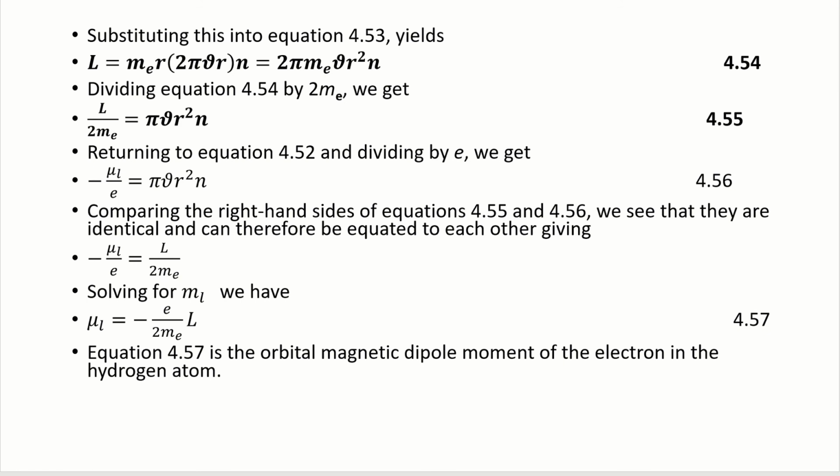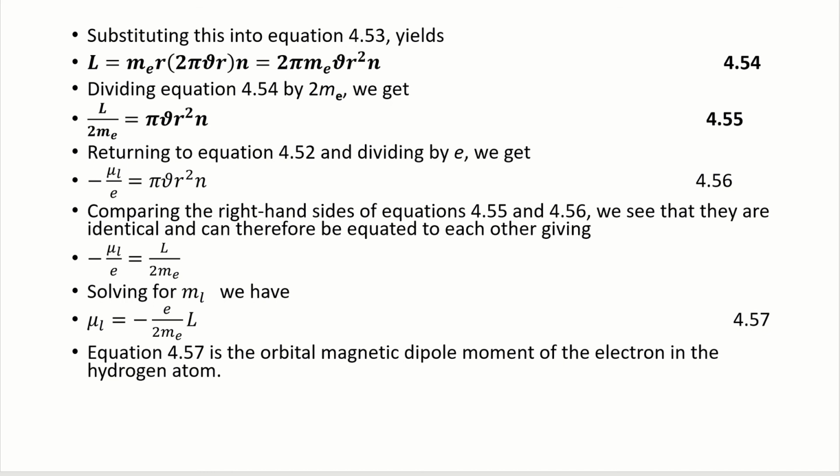Dividing equation 4.54 by 2 m sub e, we get L over 2 m sub e is equal to pi nu r squared n. Rewriting equation 4.52 and dividing by e, we get minus mu L over e is equal to pi nu r squared n.